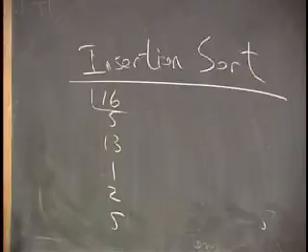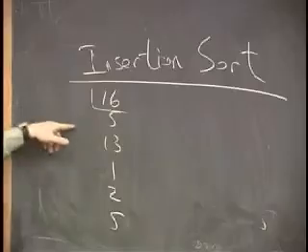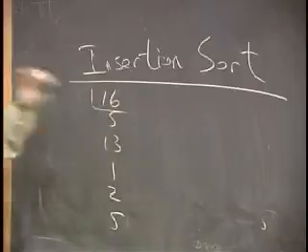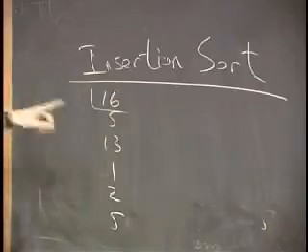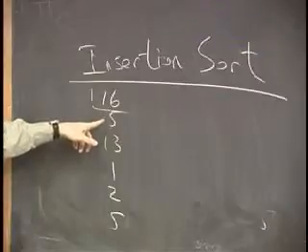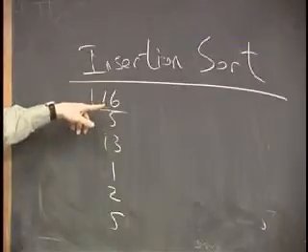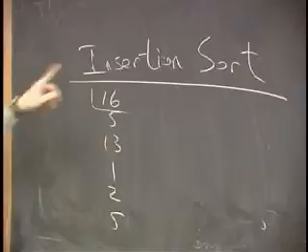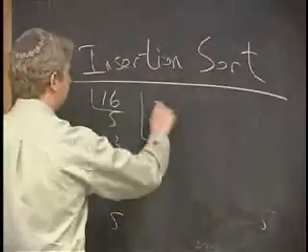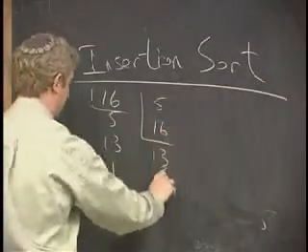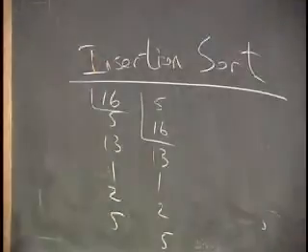Now you want to add one more slot to the sorted area. You want to include the second spot. The second spot is a 5. So you pick up the 5 in your mind or in your hand, and you say, where does it fit in the sequence 5 and 16? Well, it goes in front of 16. So the next phase looks like this, and all the other numbers sit there and wait their turn.